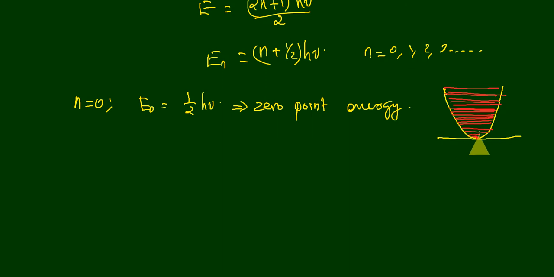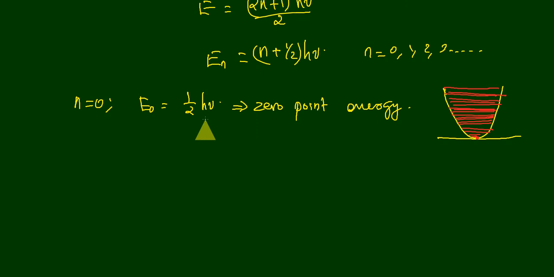There was no restriction for energy, and the oscillator can come to rest also. But this quantum mechanical result shows that this is not possible in a quantum mechanical system, because E0, the minimum energy, is never 0. It has some definite value above 0, that is half h nu, and therefore it is called the zero point energy.